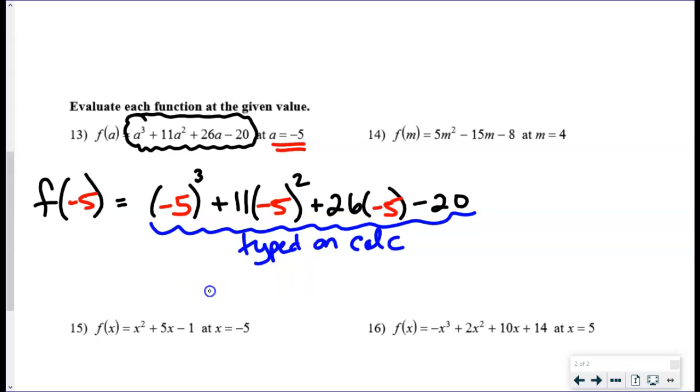Now in your class, we also showed you a little shortcut for how to do this on the calculator using the storing feature. You could use the store key, which is that weird little arrow.